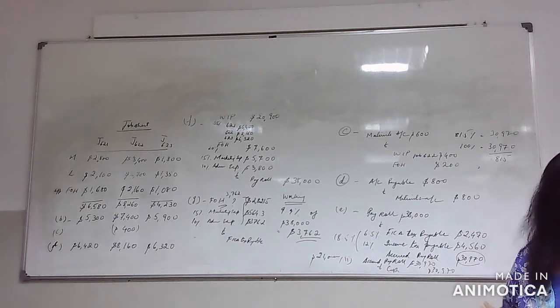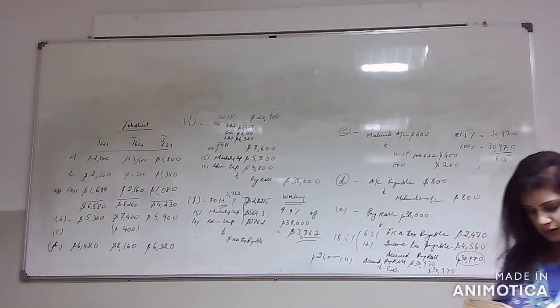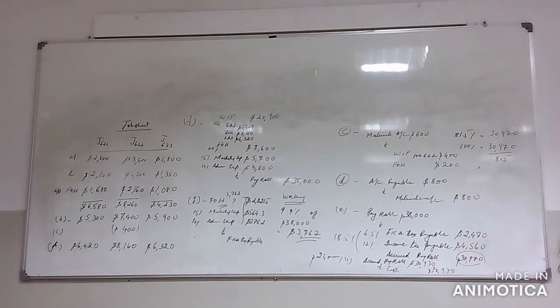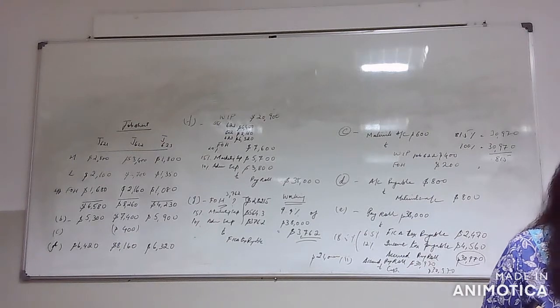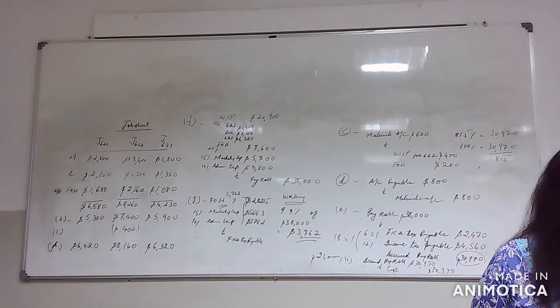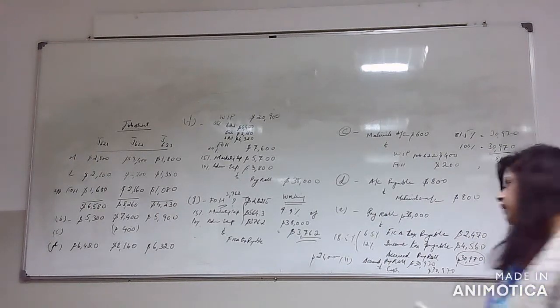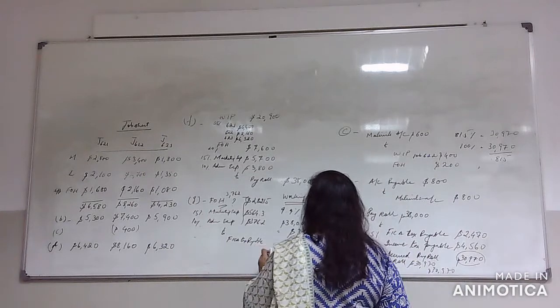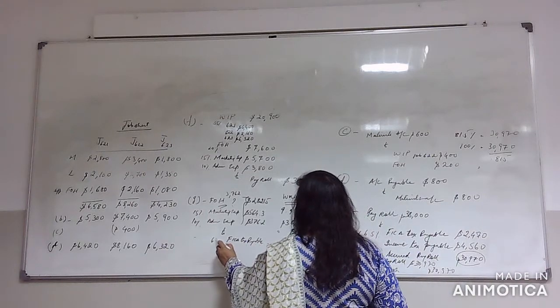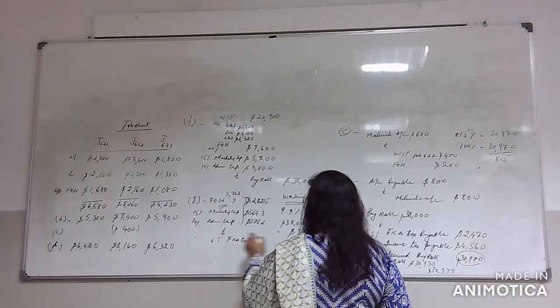Then FICA tax payable, okay, so we have to now calculate this FICA tax, and this is 6.5%. So out of the 3762, let's just see how much it comes to about. Okay, so now the FICA tax payable is 6.5% of 38,000 again, to make it into 9.9%.